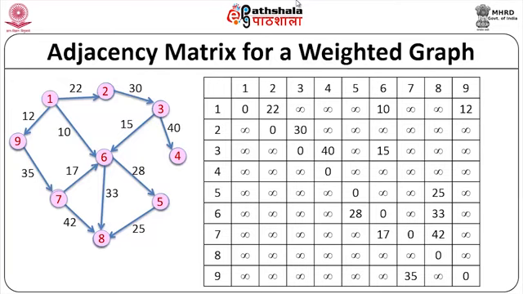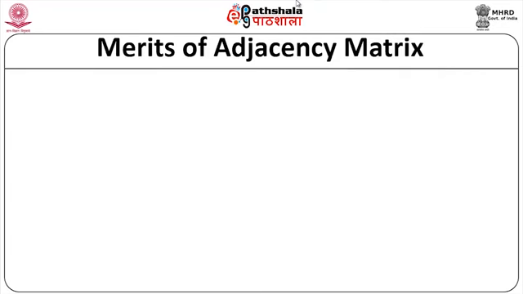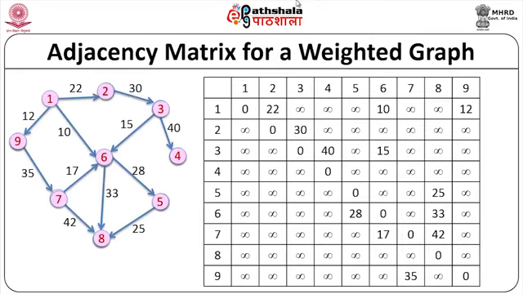So this is a weighted directed graph. Here we are using it to show weight as well as direction. So if you see here, between 1 and 2 you have 22, between 2 and 1 it is not connected because it is a directed graph. So this is the representation of a weighted directed graph.